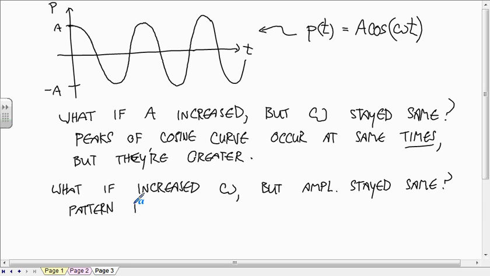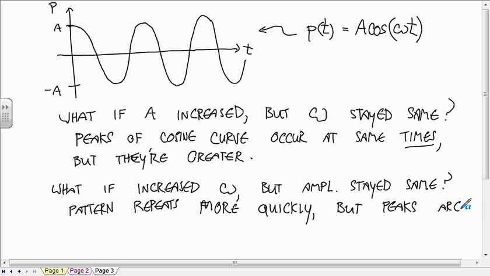The pattern repeats more quickly. But the peaks are the same magnitude.